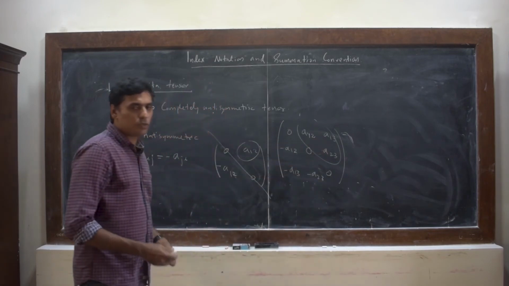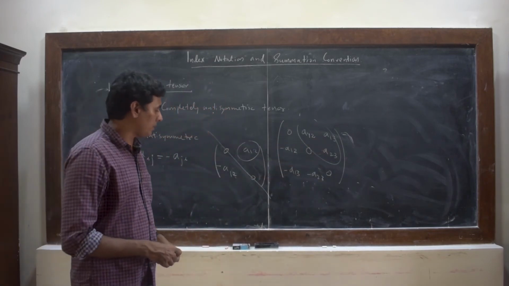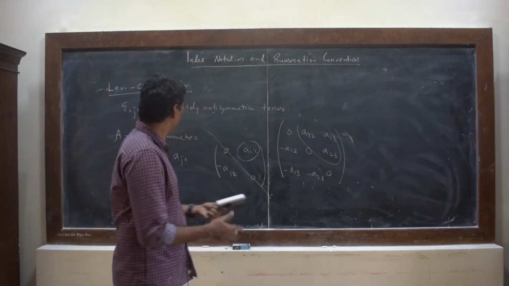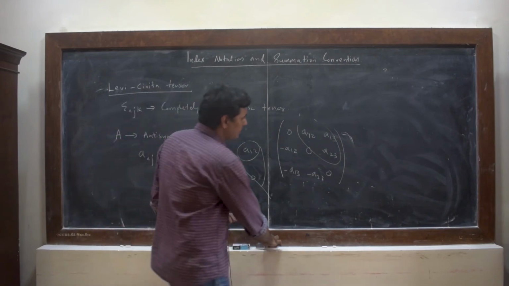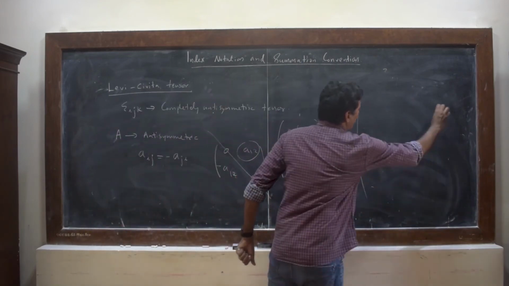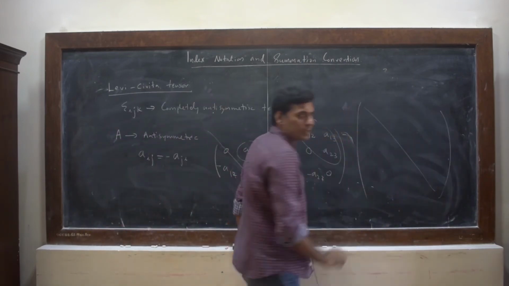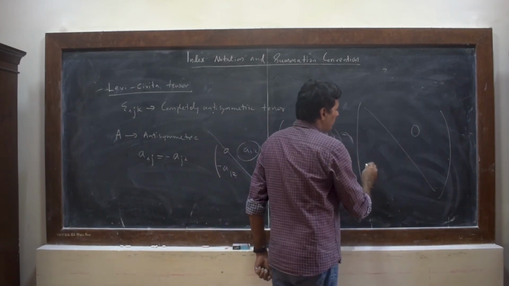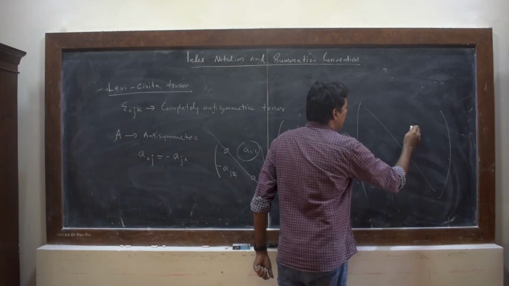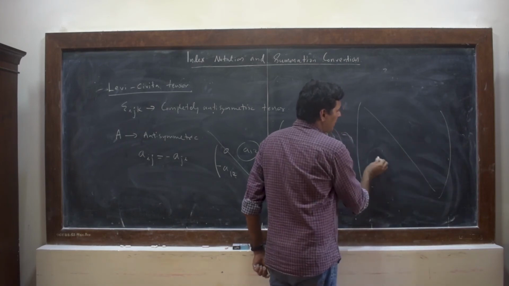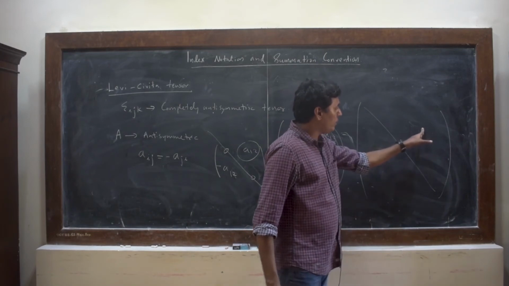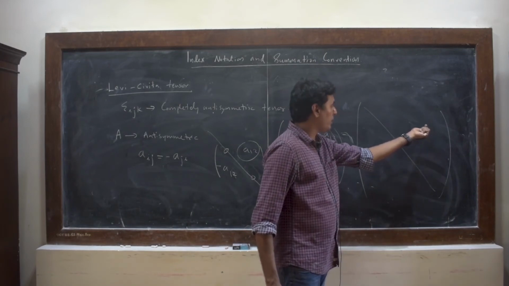Okay. And suppose you have an n cross n antisymmetric matrix, what will be the number of independent elements in it? You can see that if you have an n cross n matrix, all the diagonal elements must be 0, and whatever appears here, the elements over here will be the negative of the elements over there, in the upper diagonal.